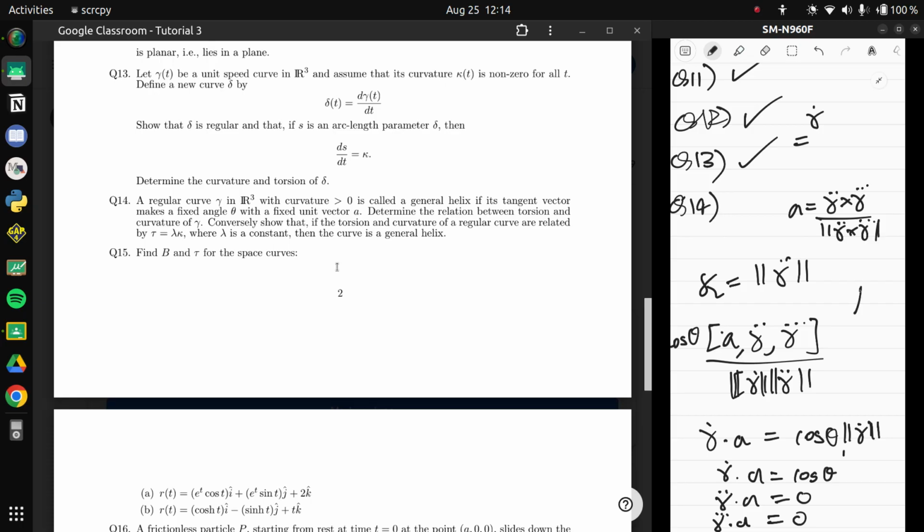Okay, so gamma dot is something like that. Gamma double dot is something like this. Gamma triple dot would be, I actually don't know. It could be anything really. I just put it as some vector like this, right? And A is something that could actually even be, not sure. So A might be a vector like that.